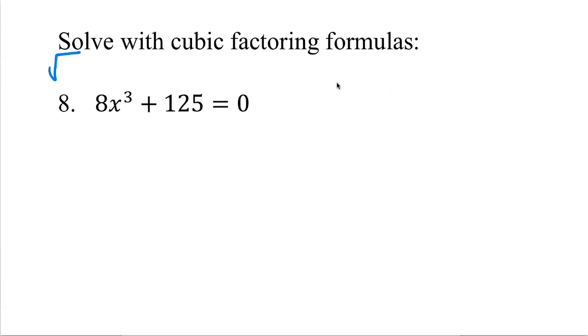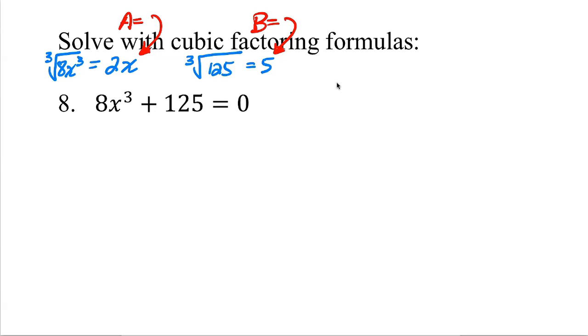So we would take the cube root of 8x cubed. That would be 2x. So that's our a. And then we do the cube root of 125, and that's 5. So our a equals that value, and our b equals that value. So we would factor it like this.